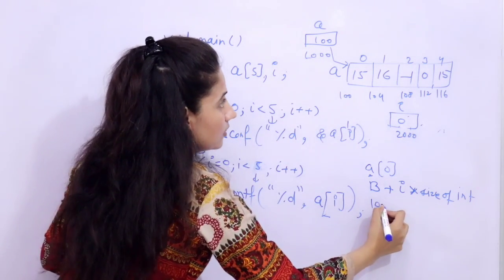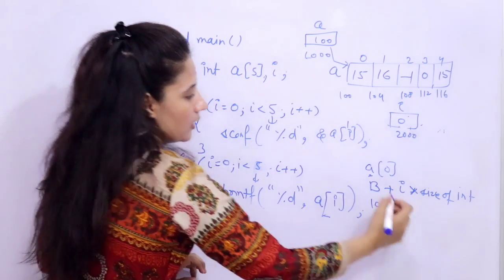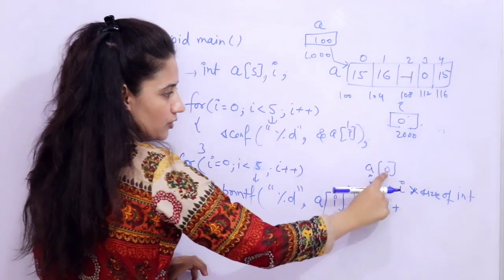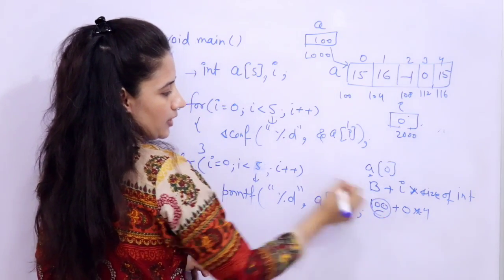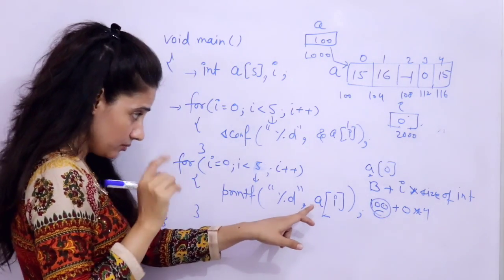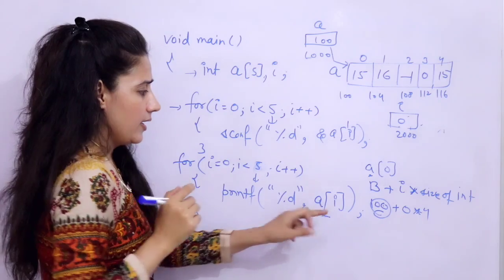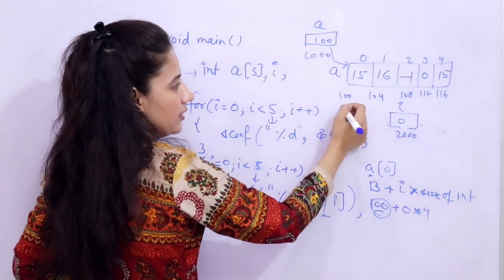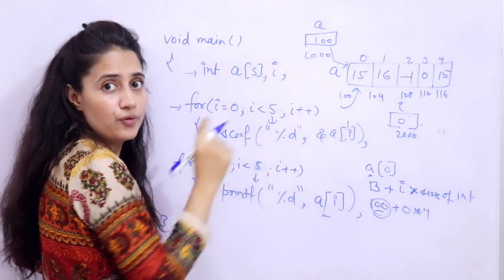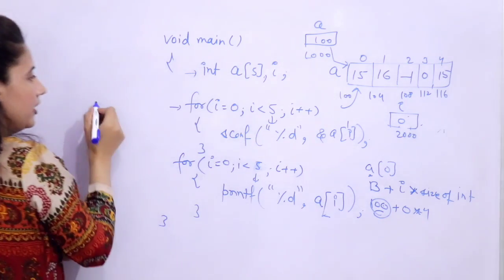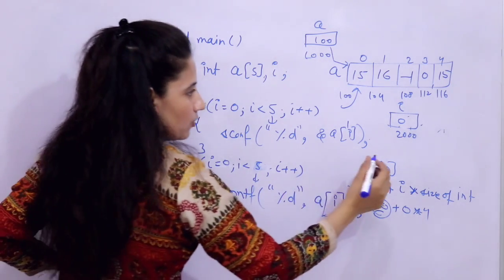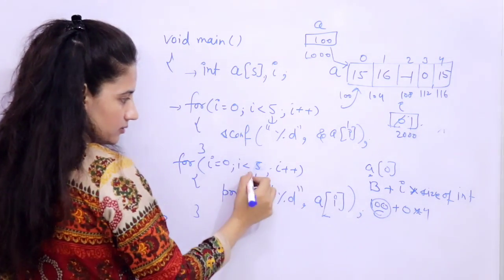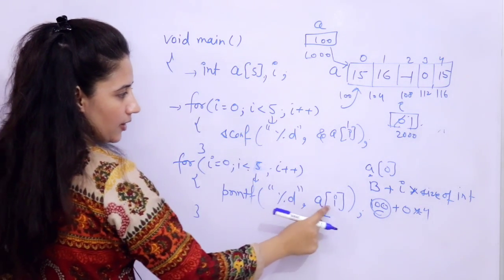The base address is 100, plus here the i value is first 0, into the size of integer, which is 4, so the address would be calculated as 100. So a of i means 100 here. From here the value would be fetched and the data 15 would be printed on your screen. I hope you got it. Now i plus plus, so i is 1, the condition is true, and we enter here. Now a of 1.